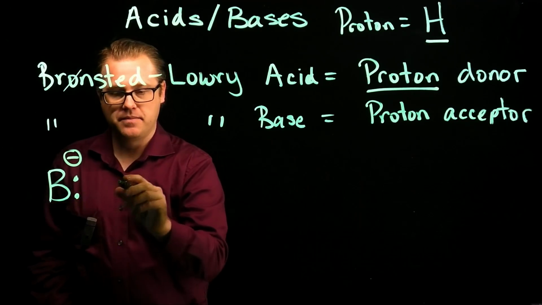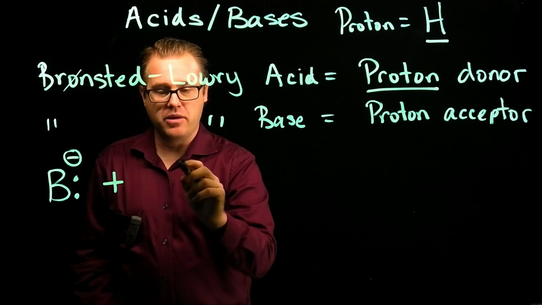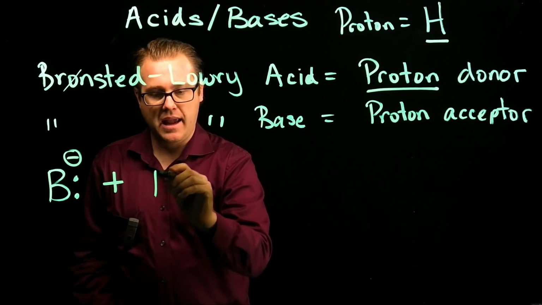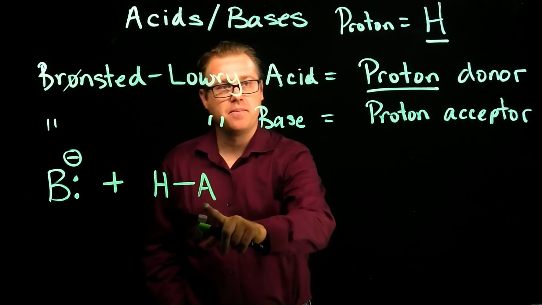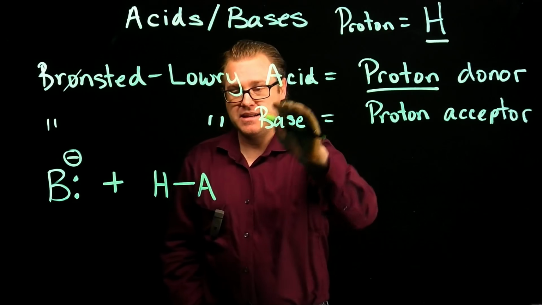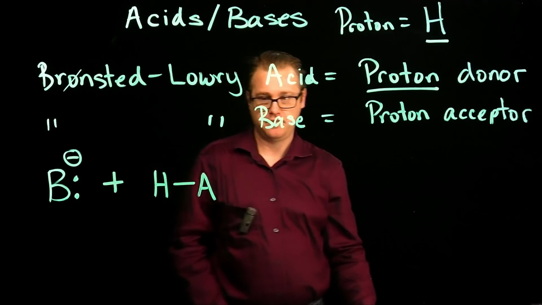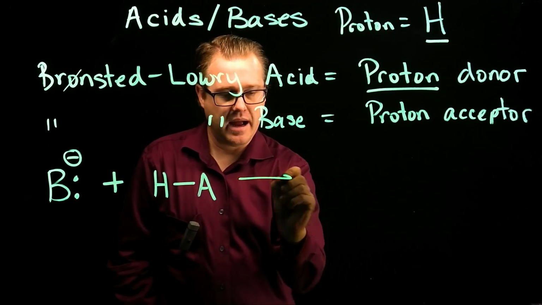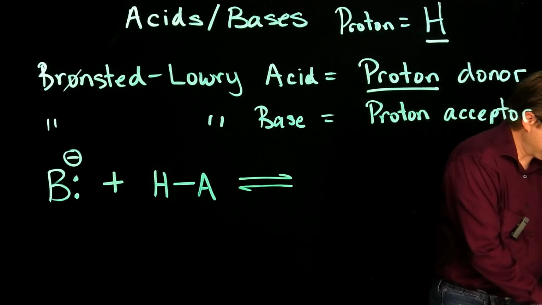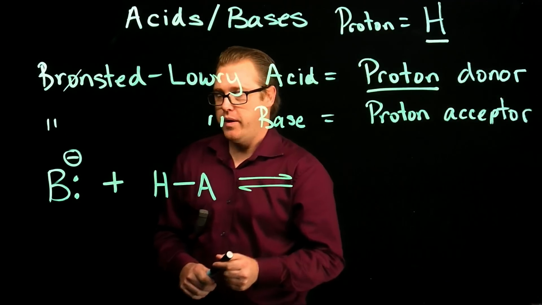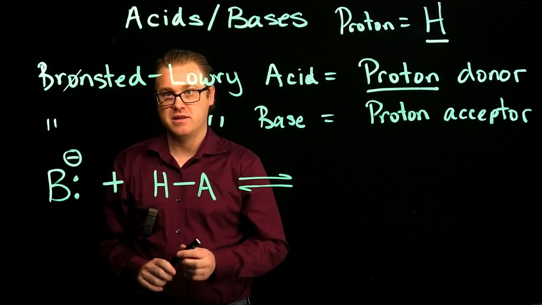So that's our base. And that base is going to react with an acid. I'm going to represent an acid with an HA, A for acid. Bronsted-Lowry acids have a hydrogen attached to them. And then we're going to have an equilibrium process in which we follow this definition using our curved mechanism arrows.